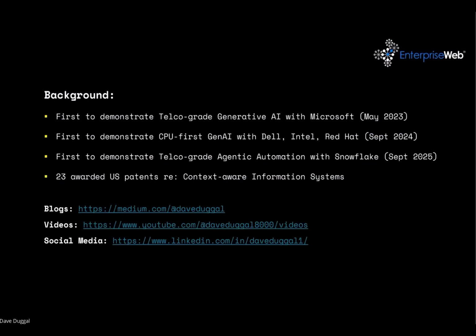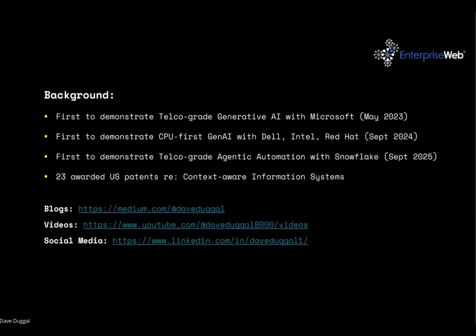So some quick background on us, and if somebody hasn't seen one of our presentations at IWPC before, EnterpriseWeb was actually the first to demonstrate telco-grade generative AI with Microsoft back in May 2023. If you remember at MWC 23, no one was talking about generative AI.